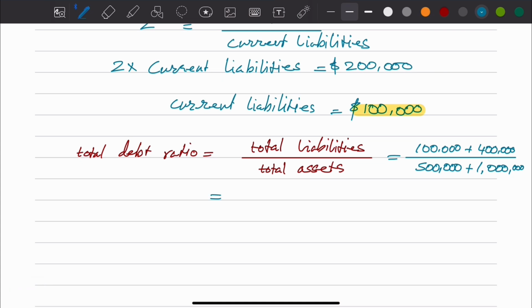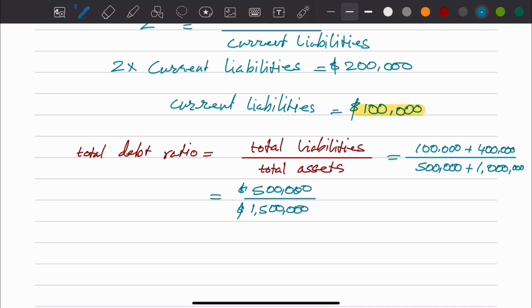So this means our total debt ratio is going to equal 500,000 divided by 1.5 million. Okay.